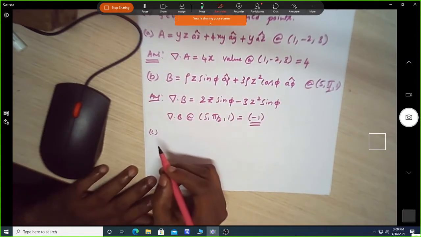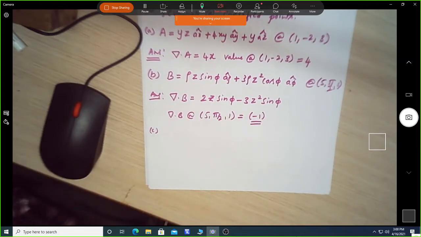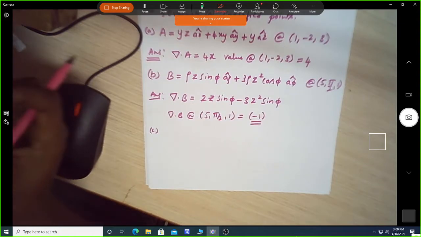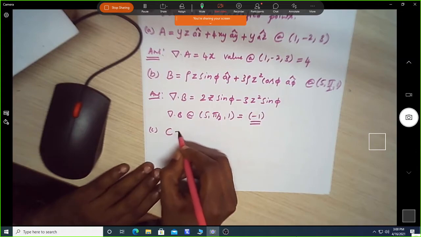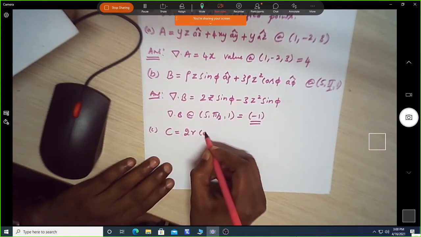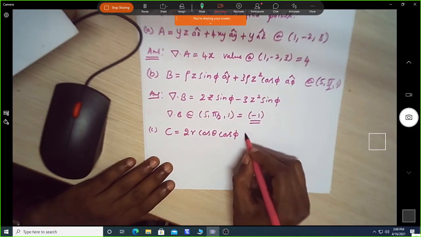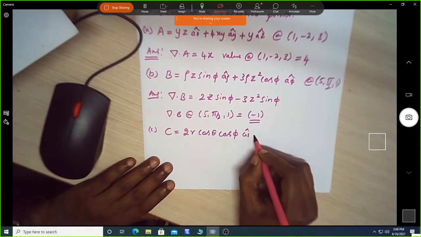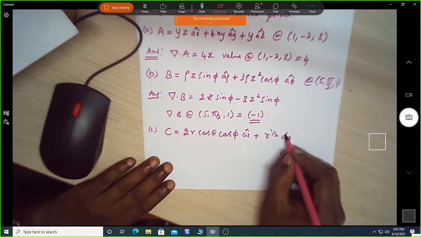And similarly for C, the vector C is given by 2r cos theta cos phi in the ar direction plus r power 1 by 2 in the a phi direction.